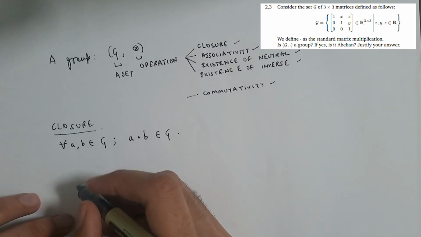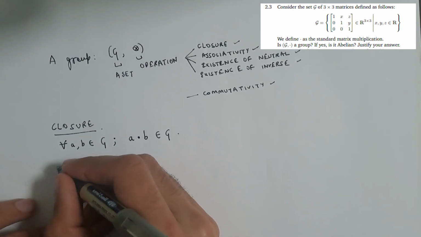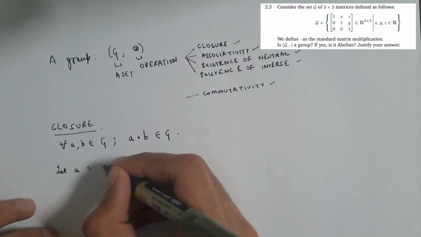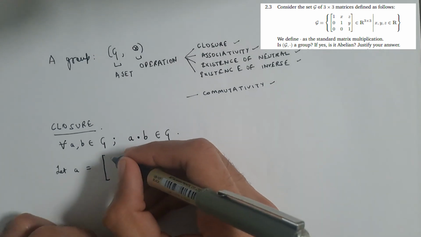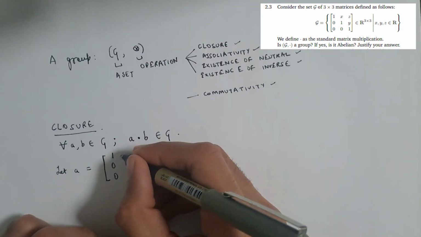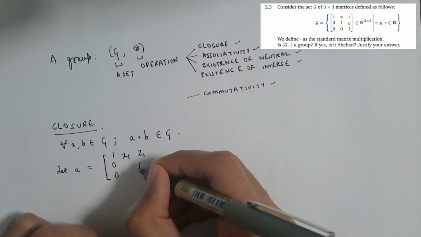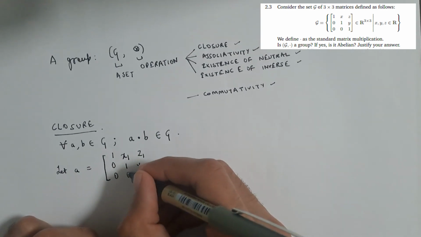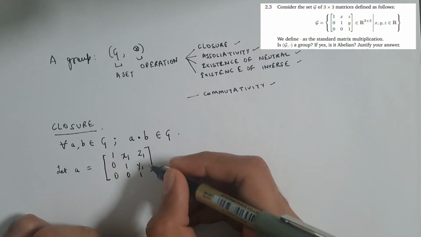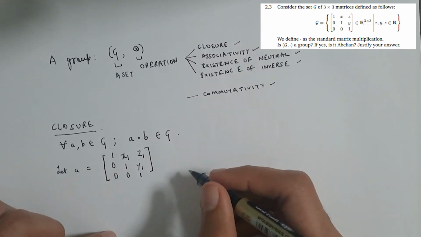So let's assume an A and B. Let A be an element, and that could be something like 1 0 0, x1 1 0, z1 y1 1, where x1, z1, y1 are real numbers.